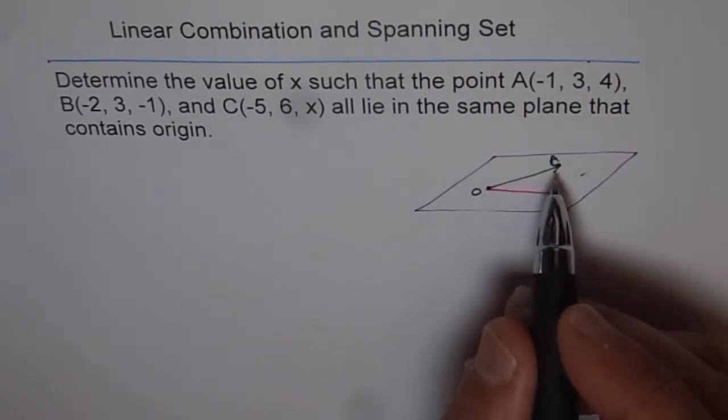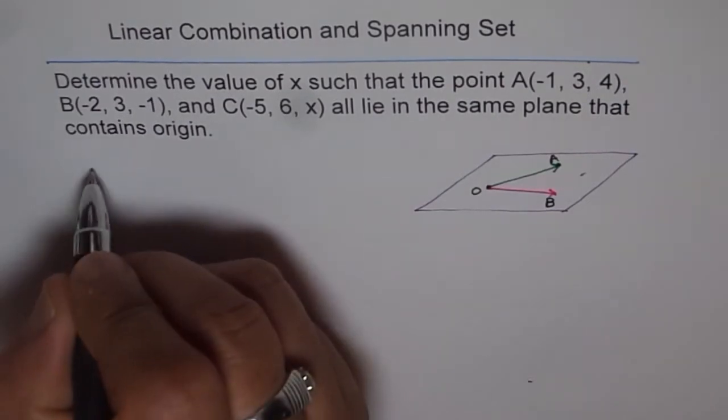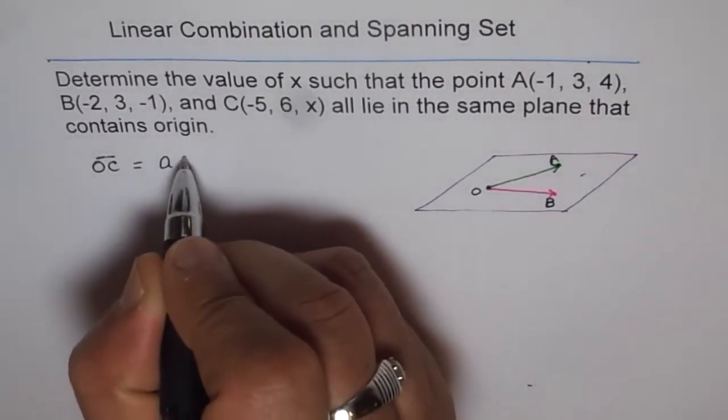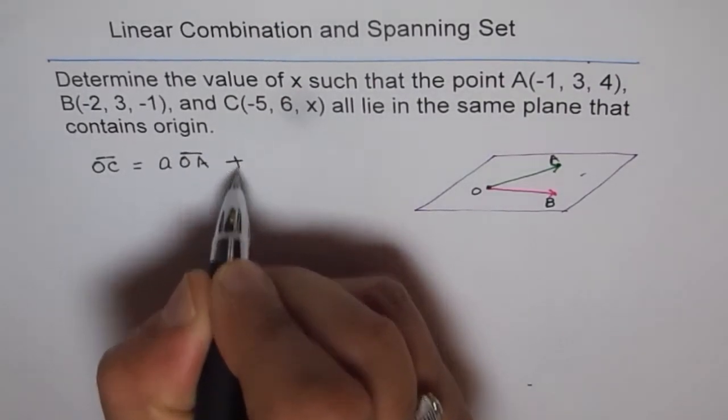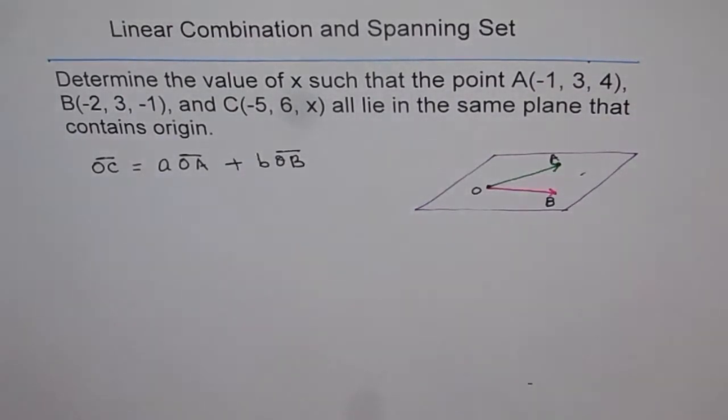Now if OC can be spanned by OA and OB, then we can write OC equals a times OA plus b times OB. That is what we need to understand when doing this problem.